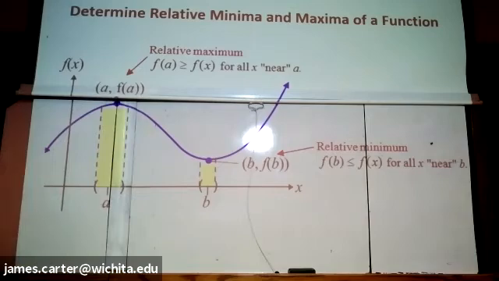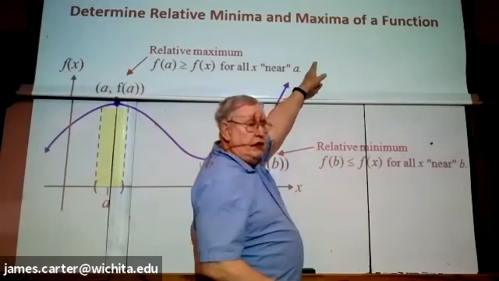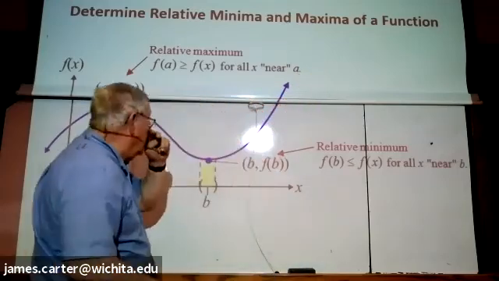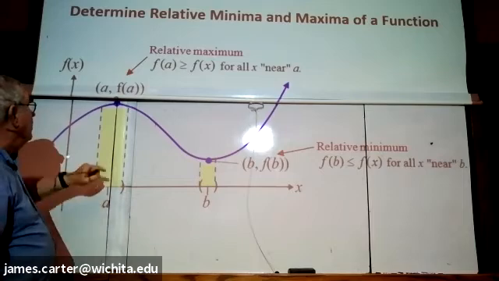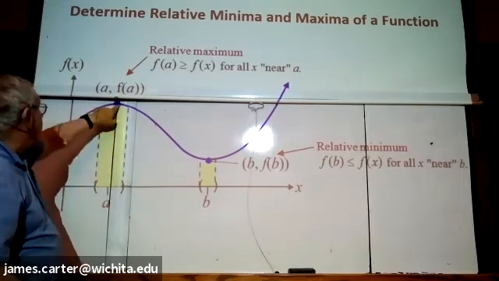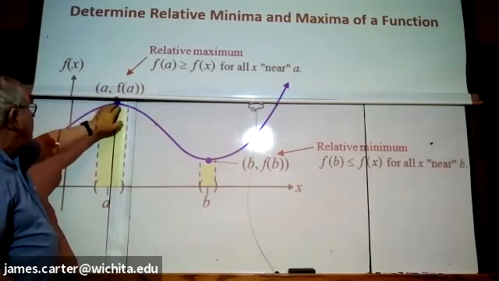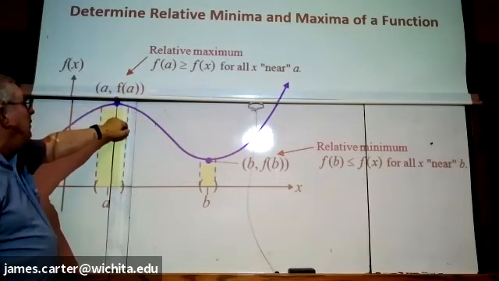Here, it continues forever in a downward manner. Here, it continues forever in an upward manner. So we don't count those on relative maximum and minimum. We only count turning points on this. So this turning point is a high turning point or a relative maximum.